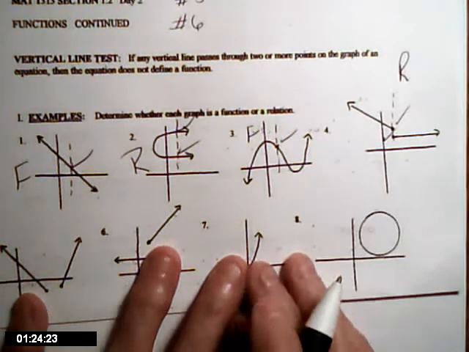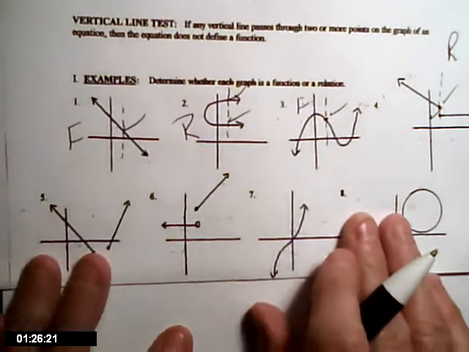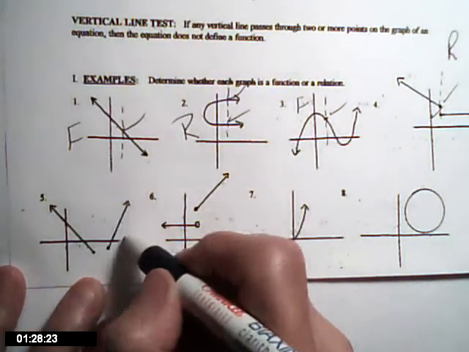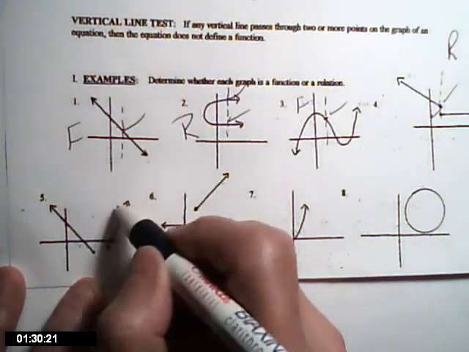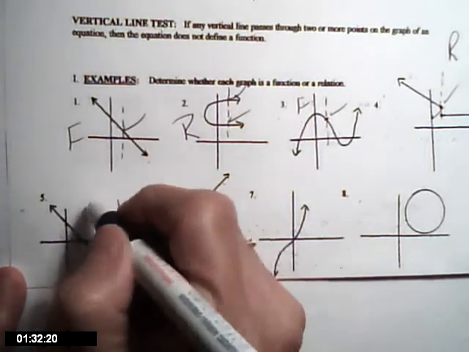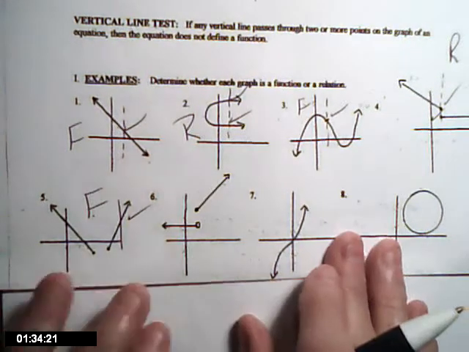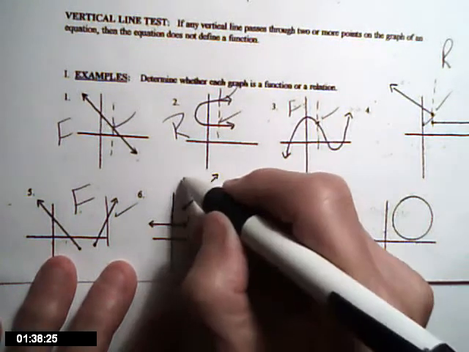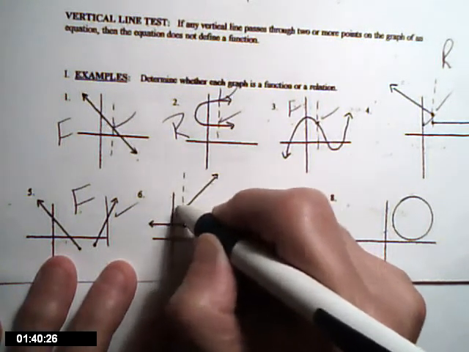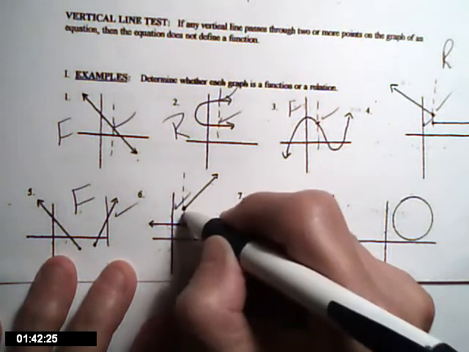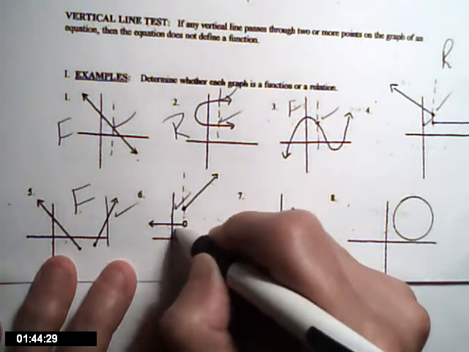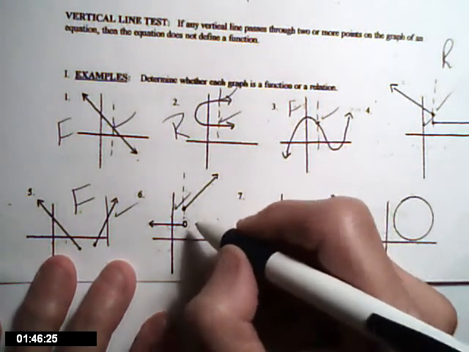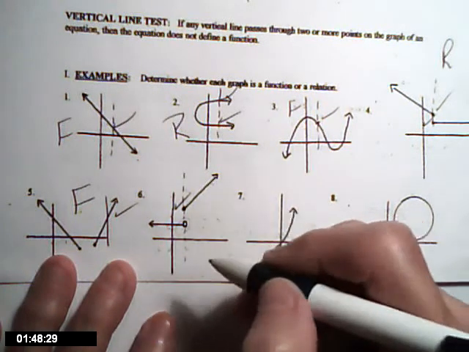That is a relation. Number 5, if I drop here or if I drop on the other side, I've touched one place only. That is a function. Number 6 is a little tricky because if I drop one place, now I have touched. If I continue to drop, I go through this open circle, which means I have truly not touched the graph anywhere.